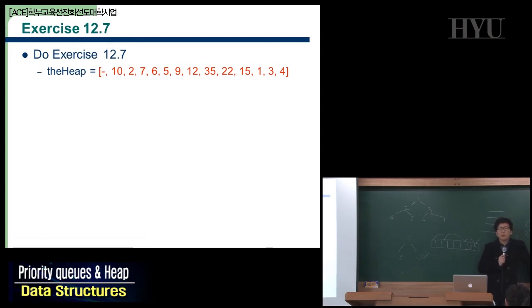So what's the total complexity? What is the total time complexity of doing both of them at the same time? I might need to make a heap. Making a heap takes order n. A deletion takes order log n.